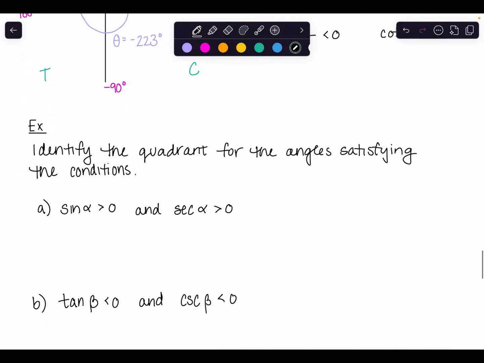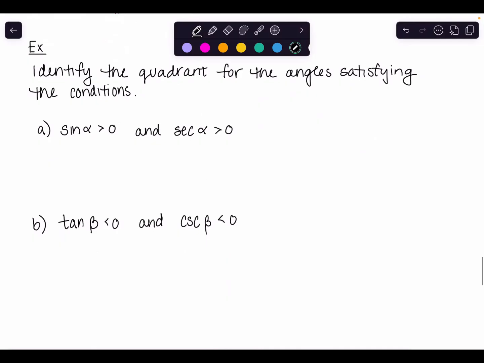We're going to identify the quadrant for the angles satisfying the given conditions. So again, I'm going to start out just by drawing this. We've got quadrant 1, 2, 3, 4. All students take calculus.